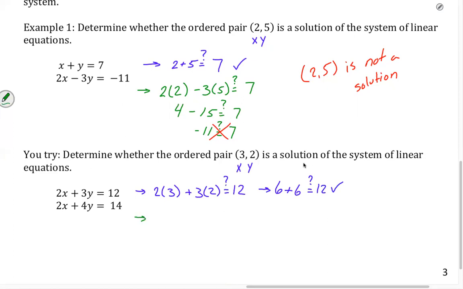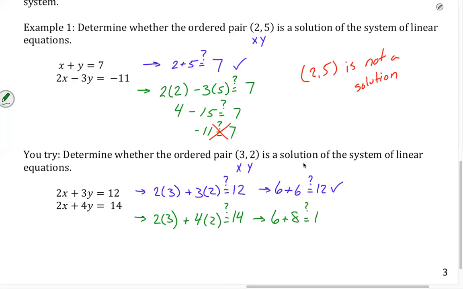Let's look at the other equation. Now we have 2 times 3 for this one, plus 4 times 2. And I'm asking, does that equal 14? Some of you may see it, and some of you may not. 2 times 3 is 6, plus 4 times 2 is 8.